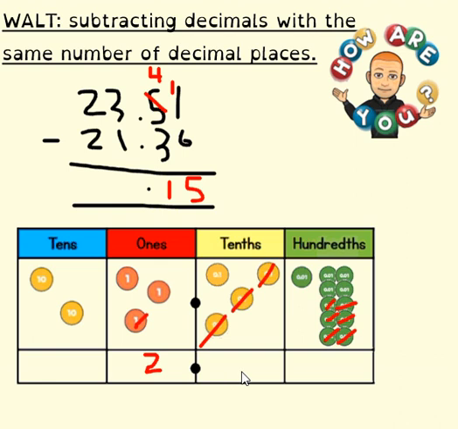I should have put these in as I was going. And 2 tens, take away 2 tens will give me 0 tens. So the answer to 23.51 subtract 21.36 is 2.15.